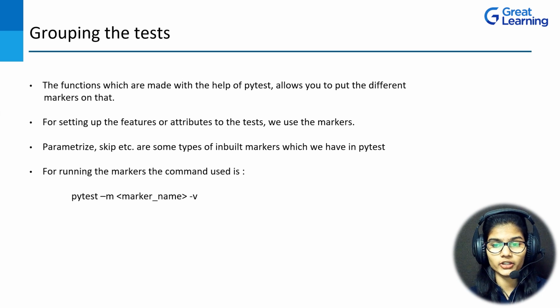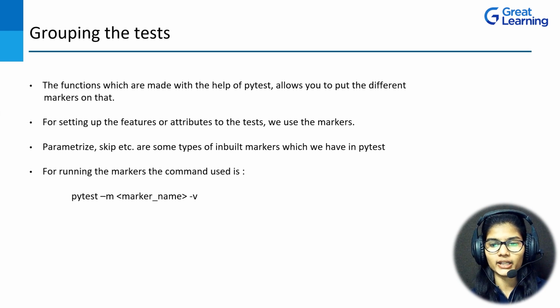Whenever you want to set up features or attributes on the test, we use markers. Next, parameterize, skip, etc. are some types of inbuilt markers which we have in PyTest. So in PyTest you have many inbuilt markers as well. One or two examples are mentioned here, let's say parameterize or skip.